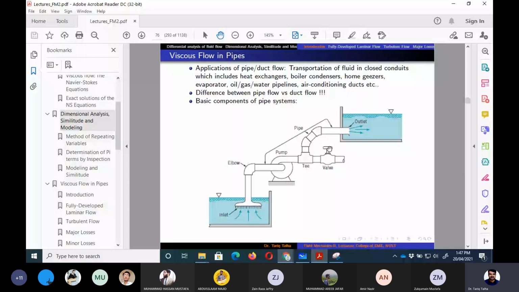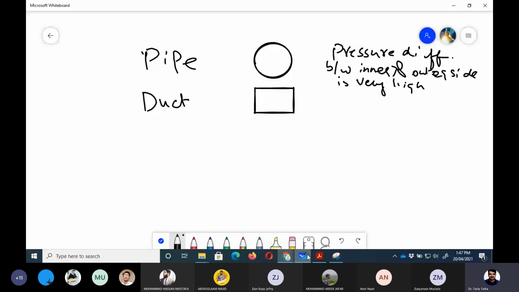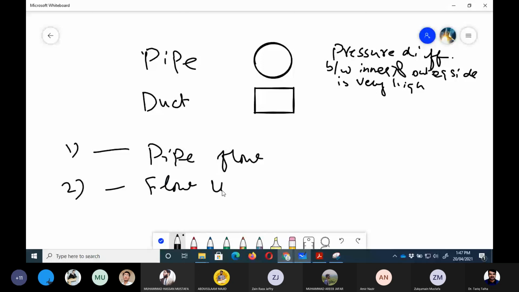Now we can easily see that in the piping system there are basically two types of things. One is pipe flow, and the second one is flow through other components.